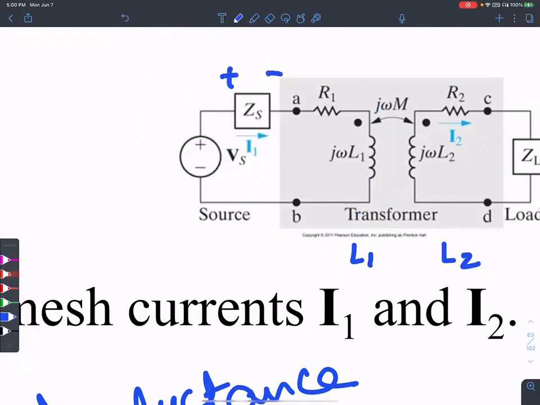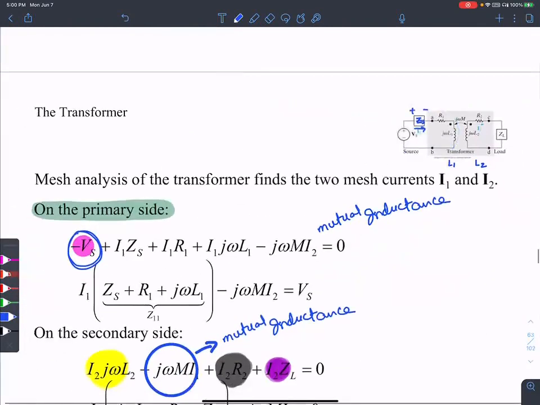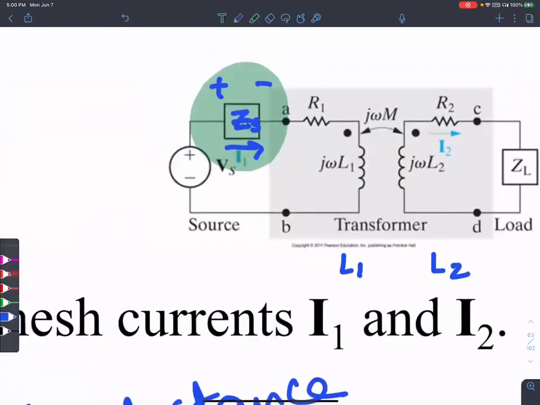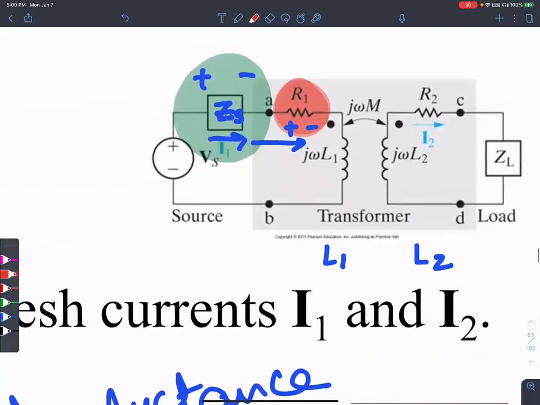Then there's a Zs that is dropping voltage in the same direction as I1. So there is a Zs times I1 voltage drop over here. Similarly, there is an I1 R1, plus and minus, and the direction of current is also I1, so the voltage drop in this guy is over here.